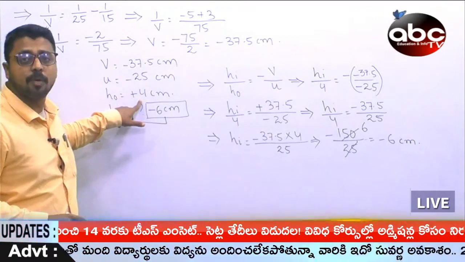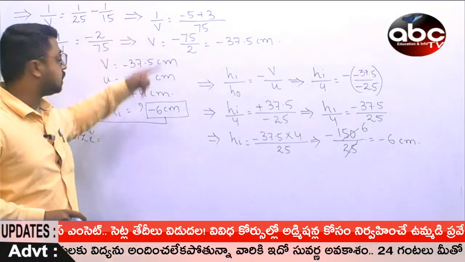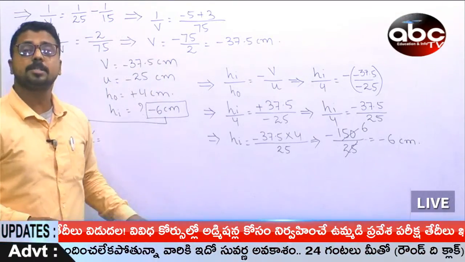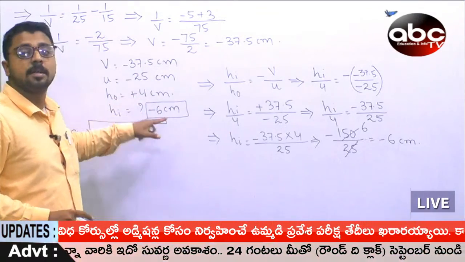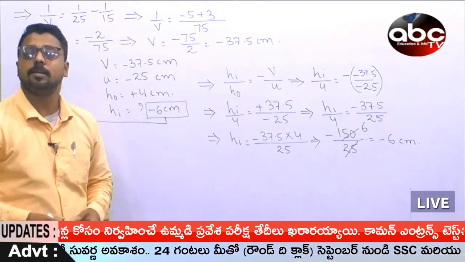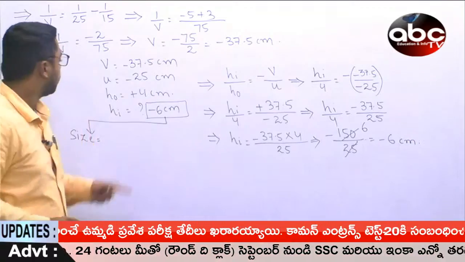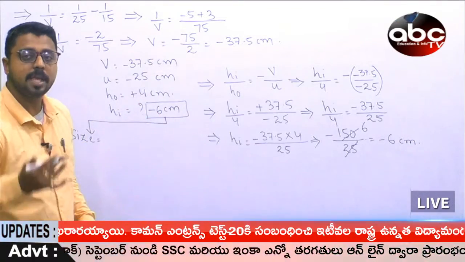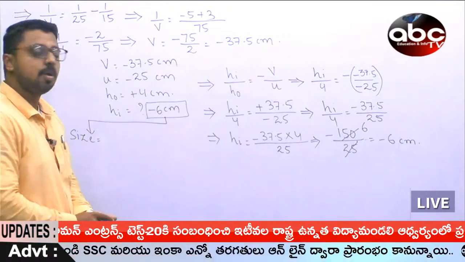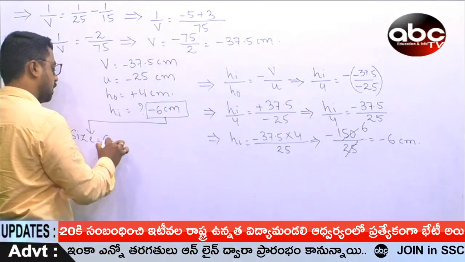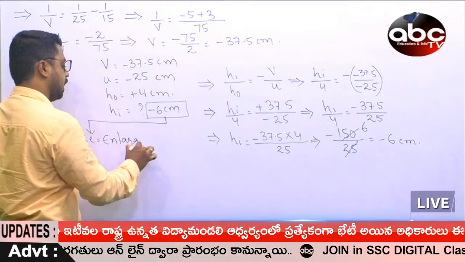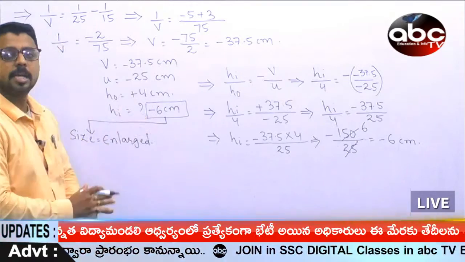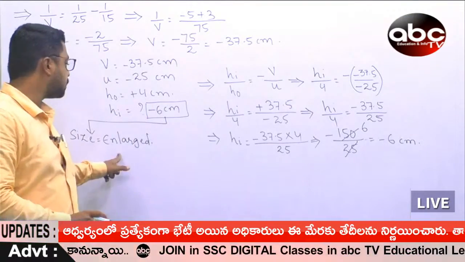It is +4, that is, it's above the principal axis, and -6 is below the principal axis. 4 and 6, the values are not equal. Since 6 is greater than 4, what magnification do we get? It is greater. So the size is an enlarged image. You are expecting it as an enlarged image.